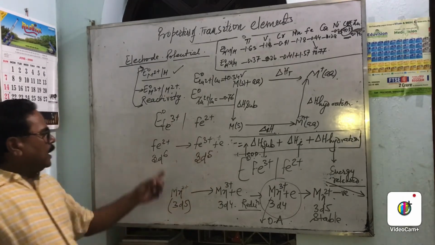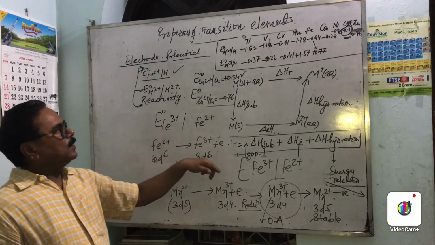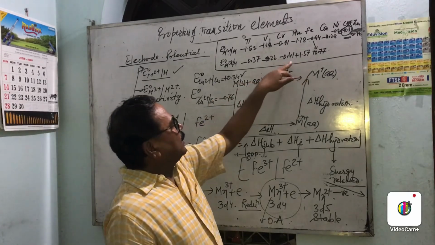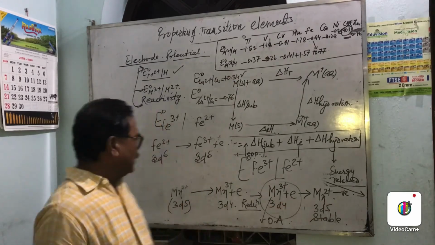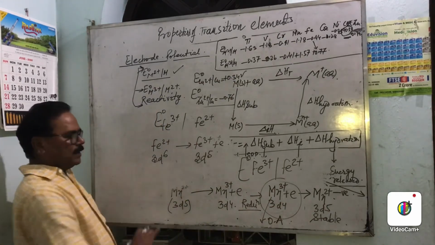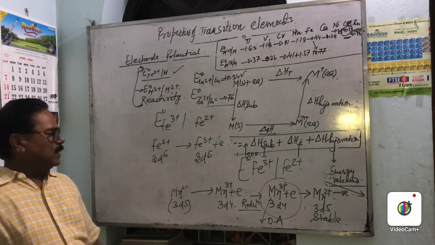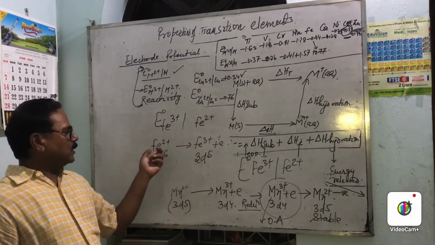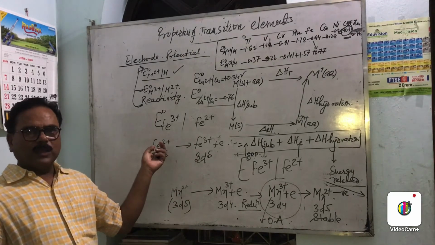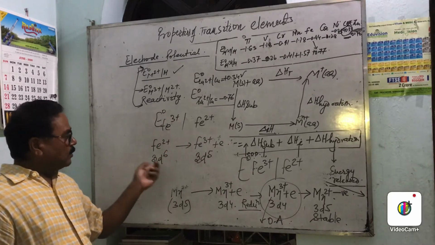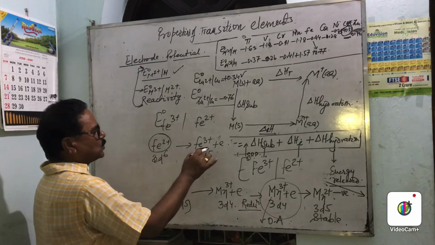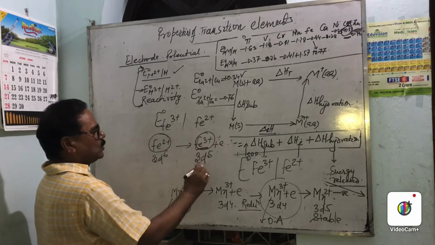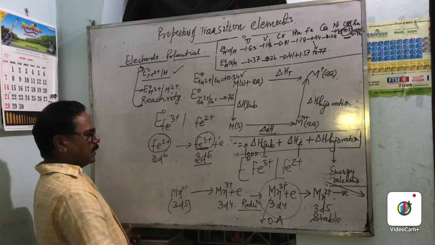So Fe3 plus, Mn3 plus will have more tendency to take up electrons, but this Fe3 plus will have less tendency to take up electron to convert to Fe2 plus, because it will be unstable. Rather, this Fe2 plus gets oxidized to Fe3 plus to attain the stable configuration.